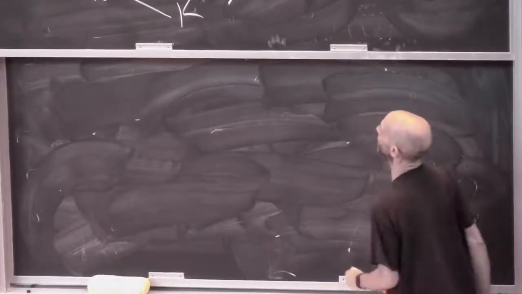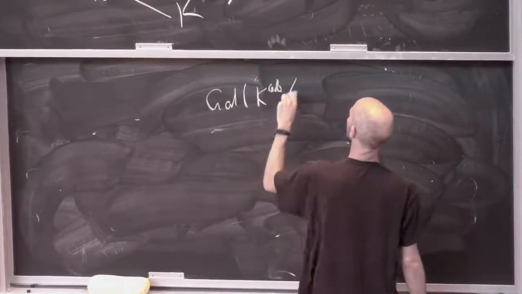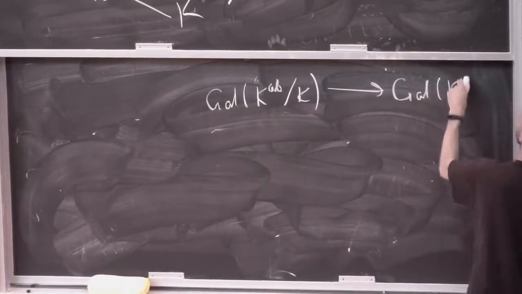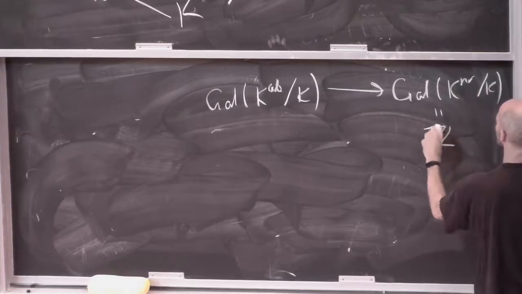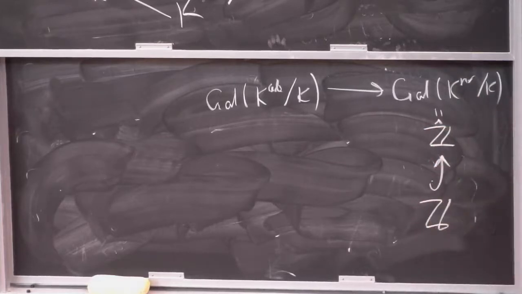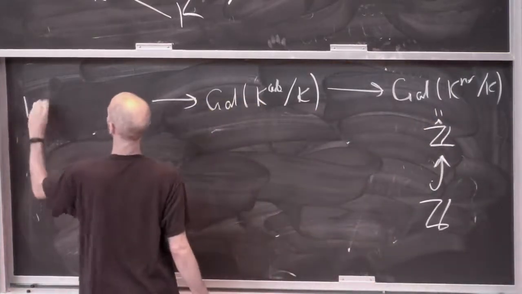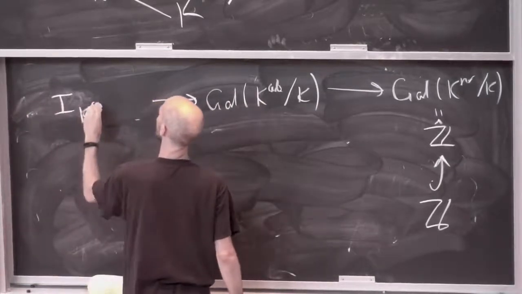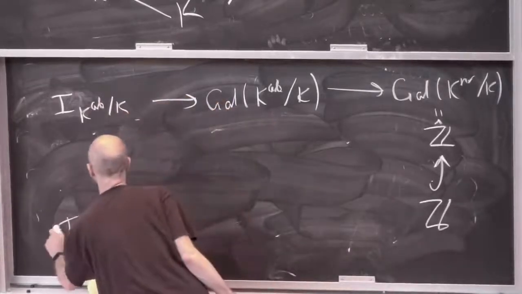So Gal(K ab over K) is going to surject onto Gal(K^nr over K), and that's Z hat. And of course there's a Z here. And now we have the image of inertia. Well, I've got a name for it, haven't I? I've got I(K ab over K). That lives in there, and we can put I(K ab over K) here.